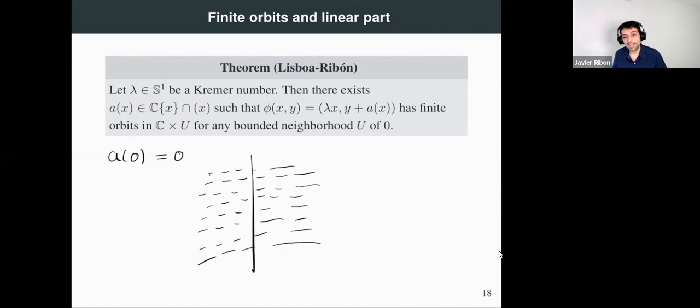You have a foliation in which all leaves are divergent. This property is shared by all the examples. So I think that, yeah, you can try to classify them. You can try to see how to deform them, things like that.